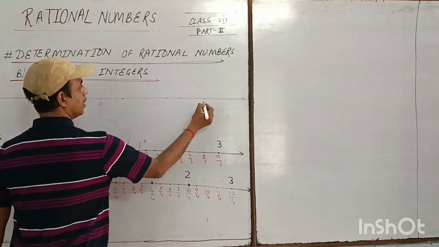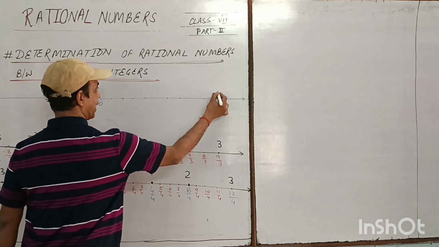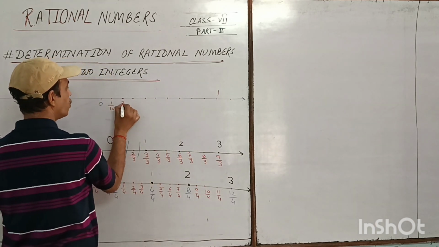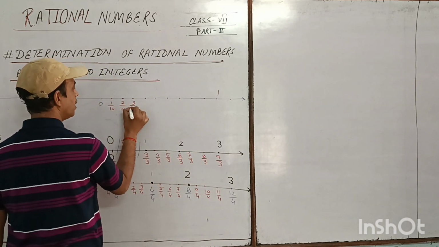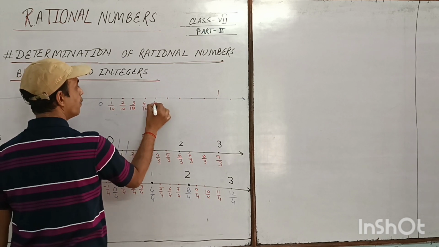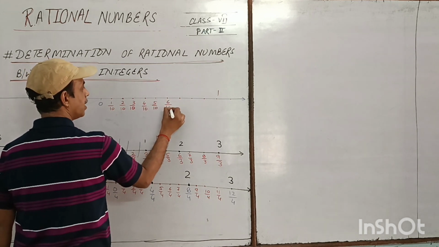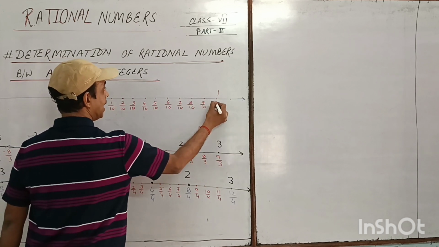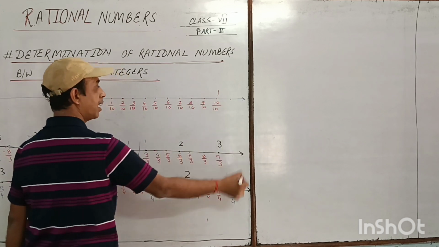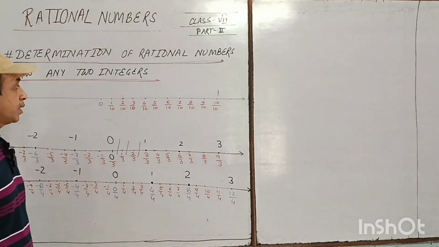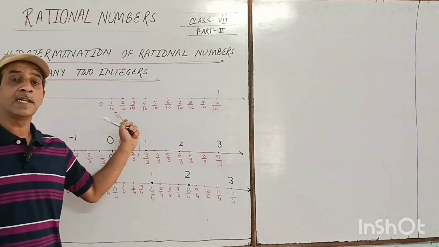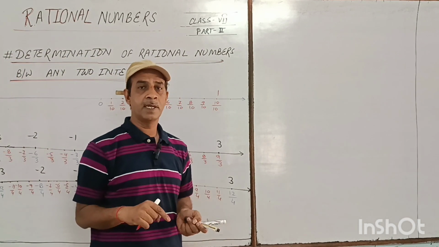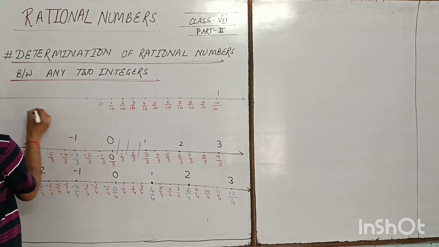So 1 by 10, 2 by 10, 3 by 10, 4 by 10, 5 by 10, 6 by 10, 7 by 10, 8 by 10, 9 by 10, and this one we are writing as 10 by 10. That means between 0 and 1 we have 9 rational numbers by dividing into 10.